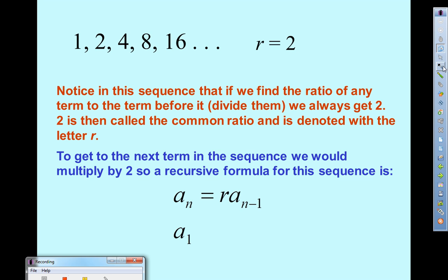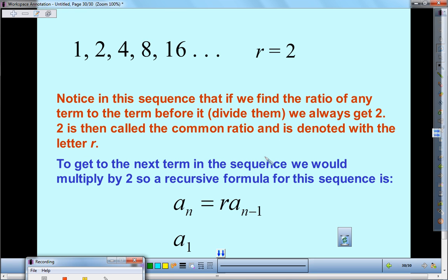Now, like the arithmetic, we have what's called a recursive formula and an explicit formula. A recursive formula here is a sub n is equal to r, which again is our common ratio, times a sub n minus 1. So it's the common ratio times the term in front that gives us the next term. But to use the recursive formula, you have to list what the first term is.